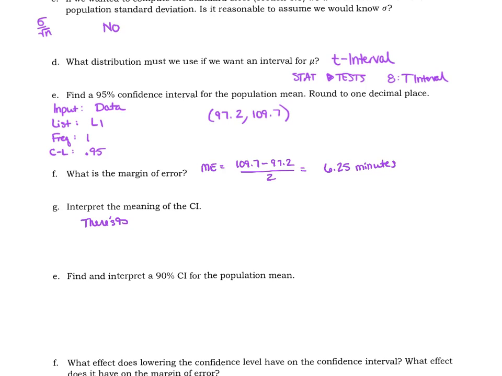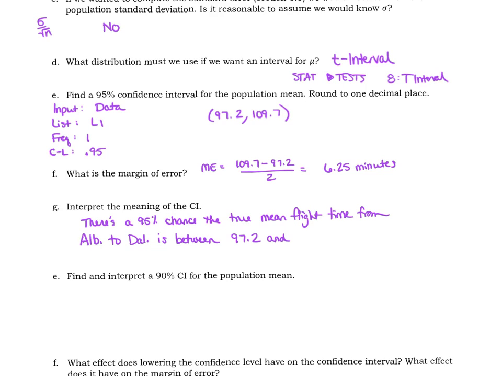So there's a 95% chance the true mean flight time from Albuquerque to Dallas is between 97.2 and 109.7 minutes.